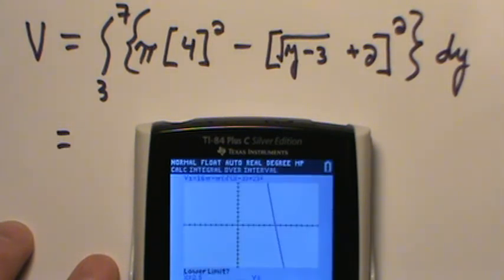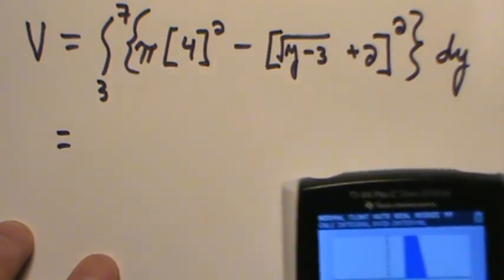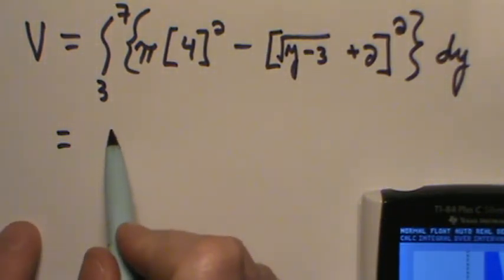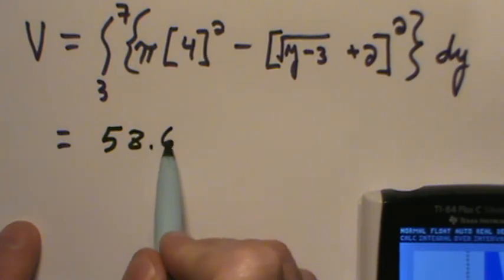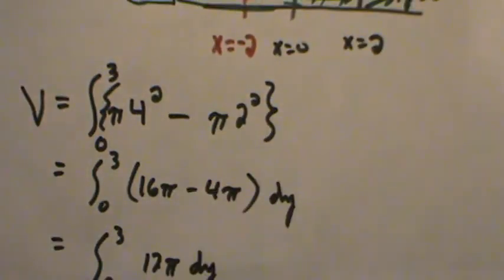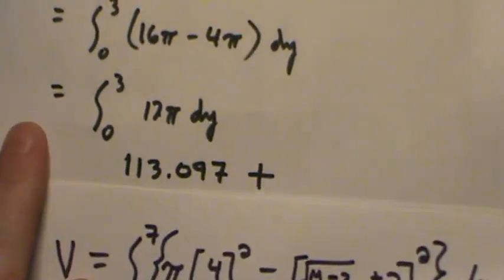and this time I want to go from 3 to 7. So I start at 3, end at 7. It took a second to think about that, and then it was giving me a value of 58.643. But if you recall, I'll have to add that to the first part that I had.